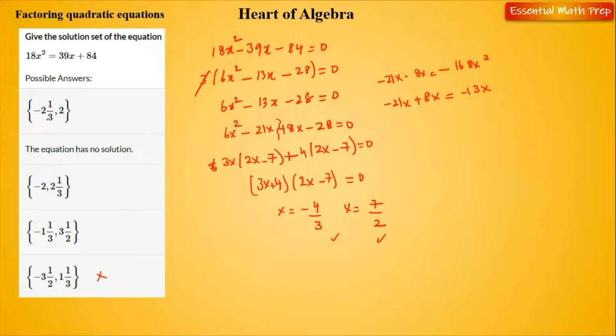What about this? Well, let's do one of these. For sure, it'll be 3 times 2 is 6 plus 1, 7.5. And this would be negative 3 plus 1. That won't work.